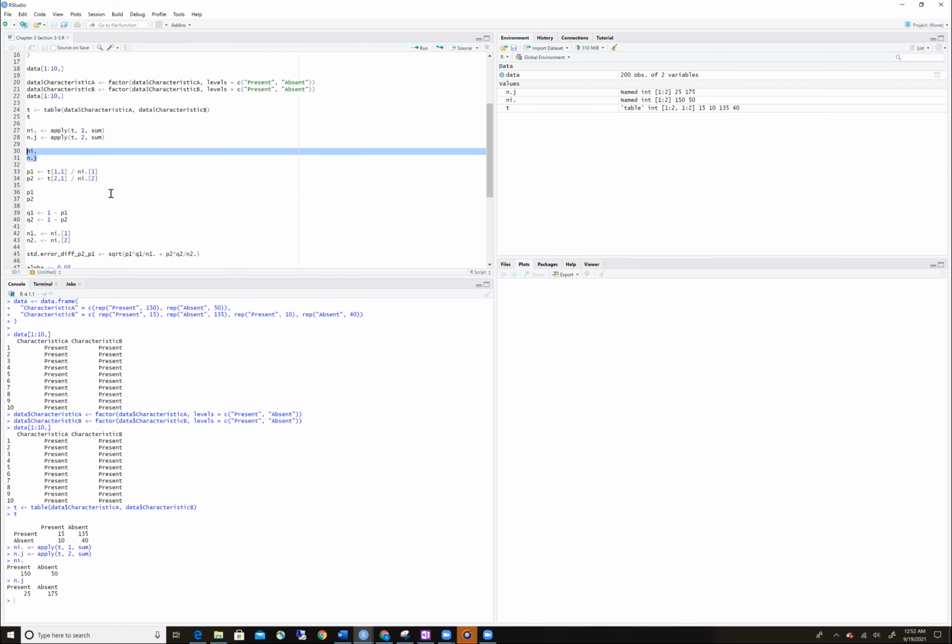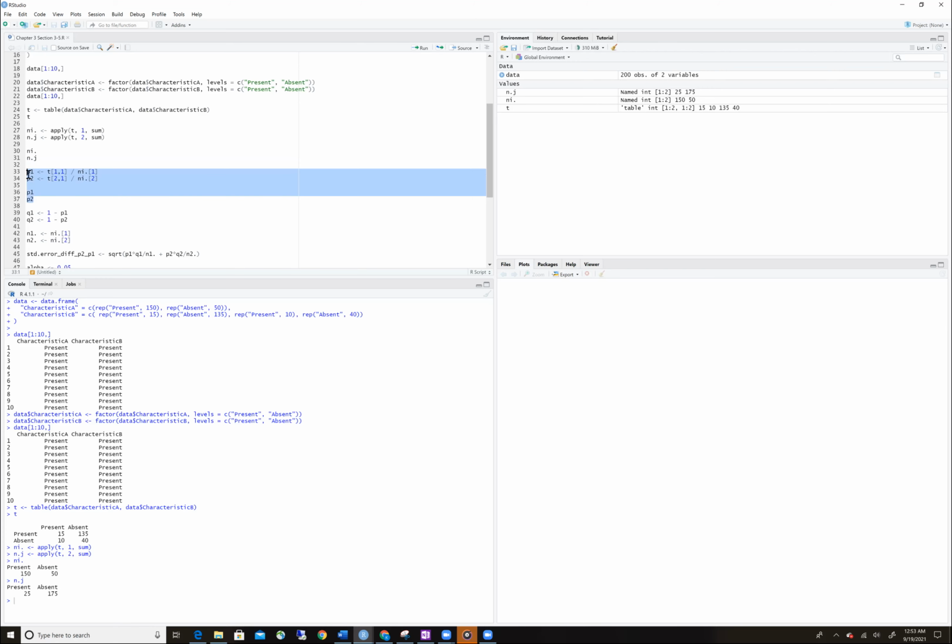We can change this over to the proportions by taking the 1 element of our table and dividing it by the first row sum that we saw, Ni dot square bracket 1. And then we can look at the 2 element of T and divide that by the second one of those, and that will give us P1 and P2.